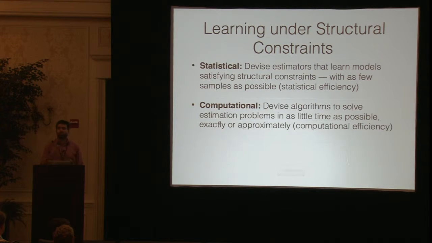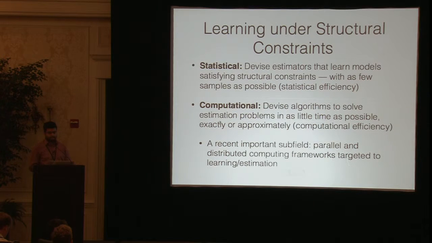Then you go to the computational stage, where you take the statistical estimator that has good statistical properties, and then you devise computational schemes, algorithms, that can solve these statistical estimation problems as computationally efficiently as possible. Okay, that's the computational stage. And here, you're interested in the computational efficiency of your algorithm.